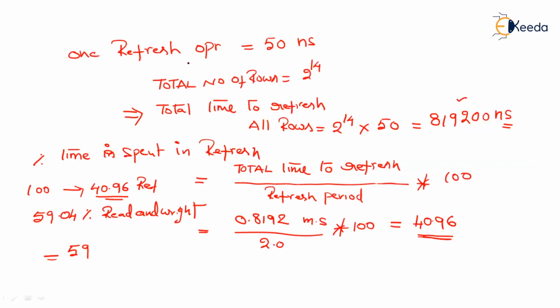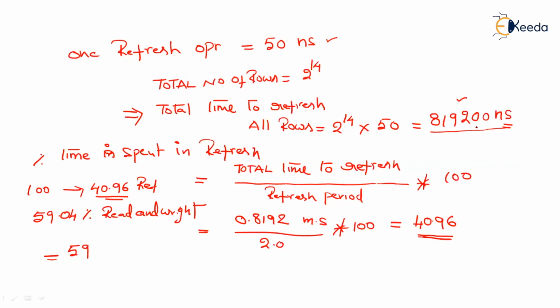So again, we need to find out the refresh operation. Refresh operation takes 50 nanoseconds, and for every 2 milliseconds, the refresh operation is being performed. Refresh operation has to be done on all the rows, row by row. So total number of rows is 2 power 14. So 2 power 14 into 50 is equal to 819200 nanoseconds.